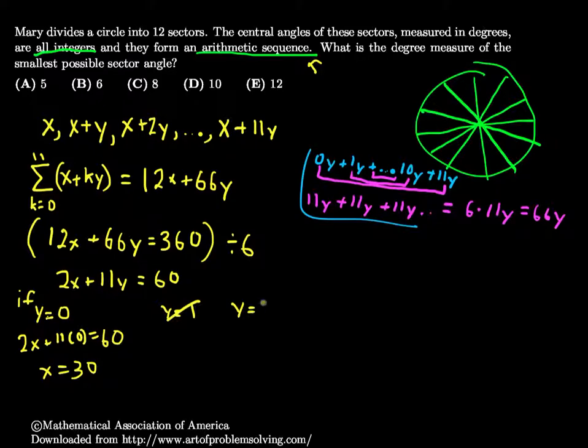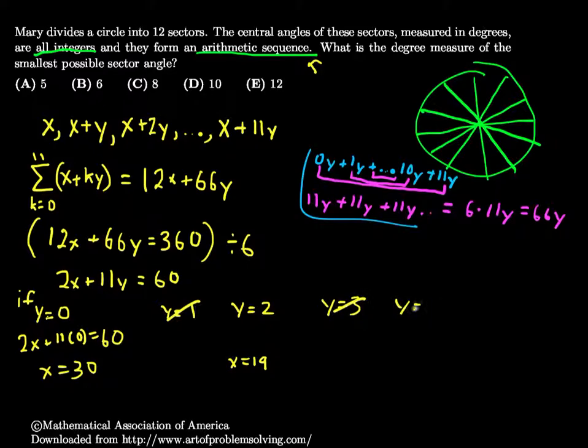If y is 2, we get 2x plus 22 is 60, so we get 38. We divide that by 2, and we get x equals 19. If y is 3, we put it in, we get 2x plus 33 equals 60. We subtract, divide, we get 27 halves. Decimal, no good.